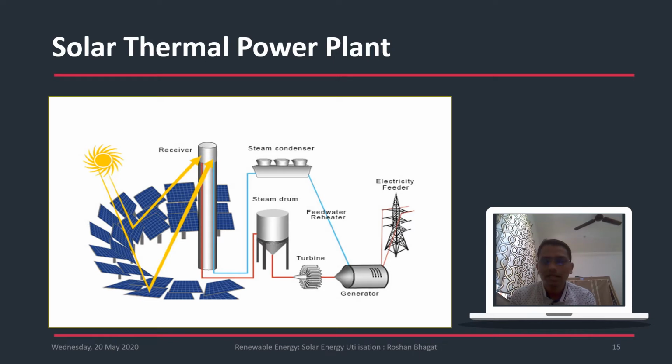So it can act as a boiler in a solar thermal power plant. The remaining arrangement will be the same as the conventional power plant, but instead of a boiler we have one arrangement which is used for converting water into steam.